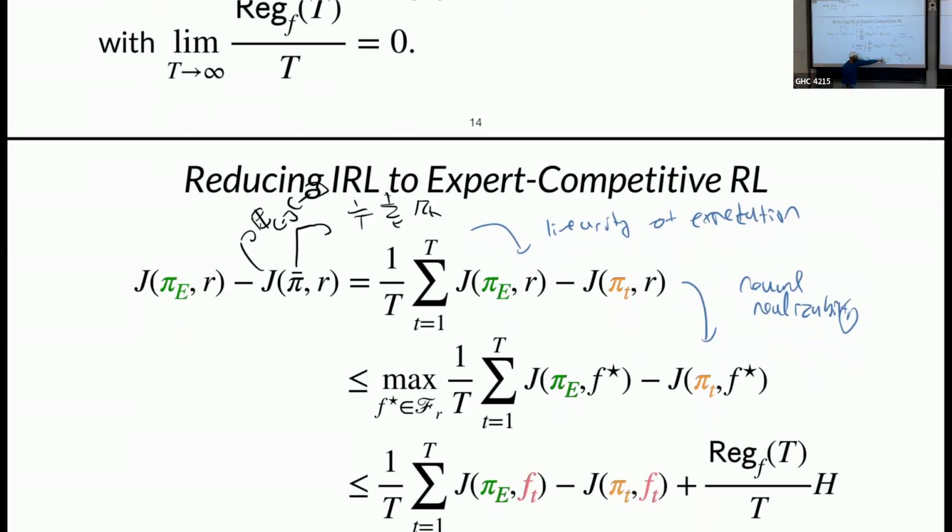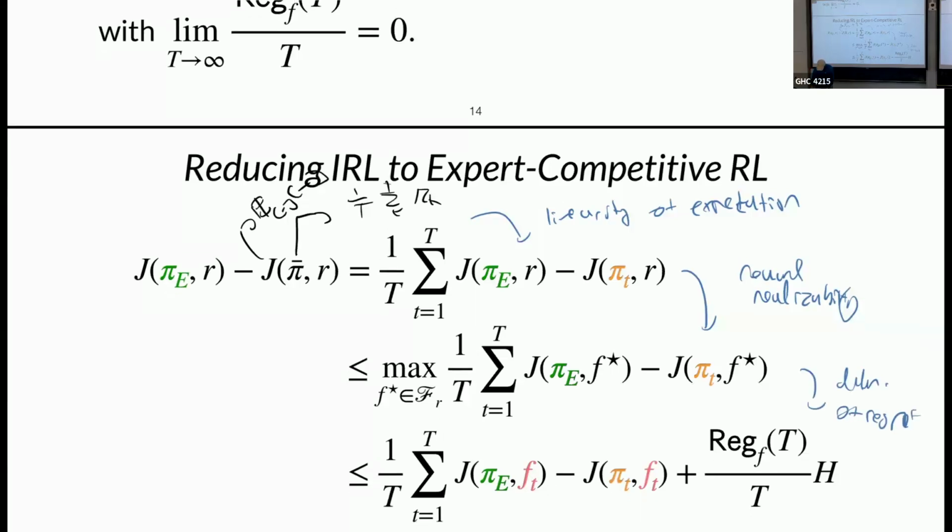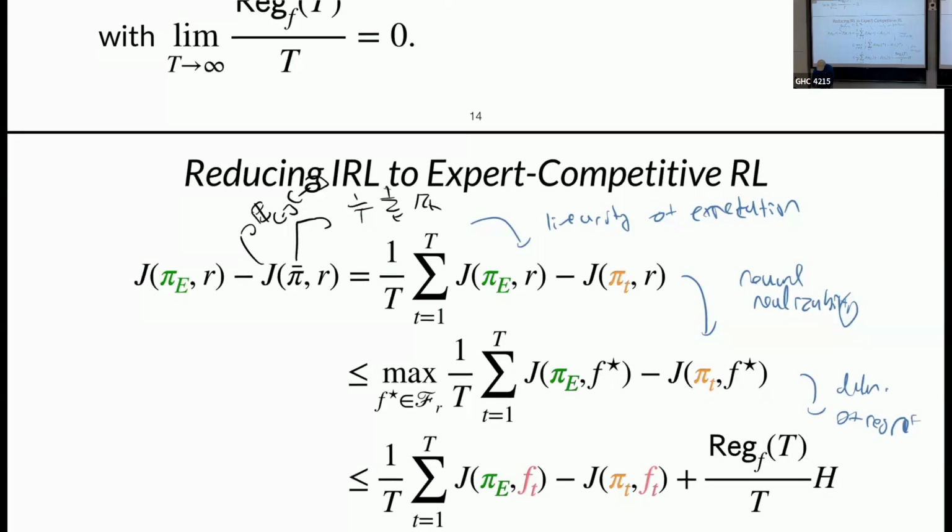So this is just rewriting the definition of regret this way. And then maybe just to complete the proof, let's say we look at this term right here. Can anyone tell me what this term is?